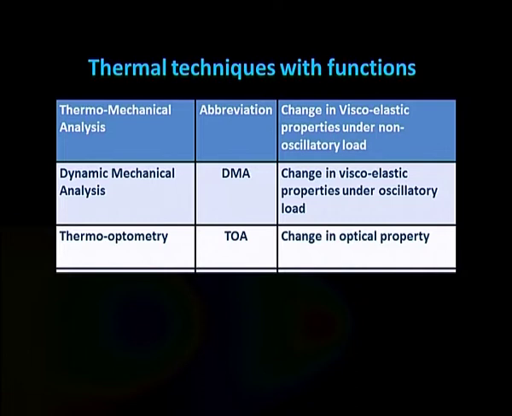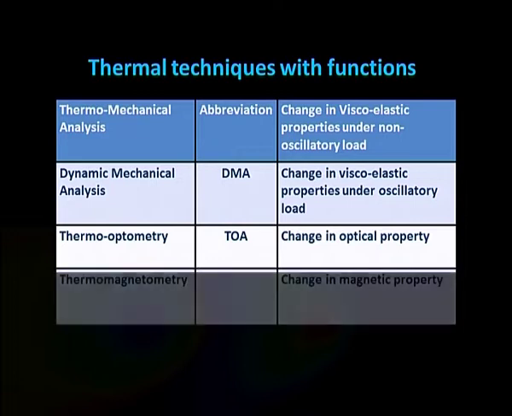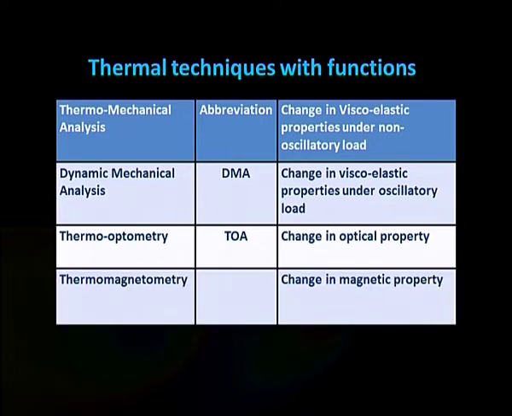Thermo-optometry, commonly abbreviated as TOA, in which the change in optical property is studied as a function of temperature. Then thermomagnetometry, written as such, there is no common abbreviation for this technique, in which the change in magnetic property of a substance is measured as a function of temperature.